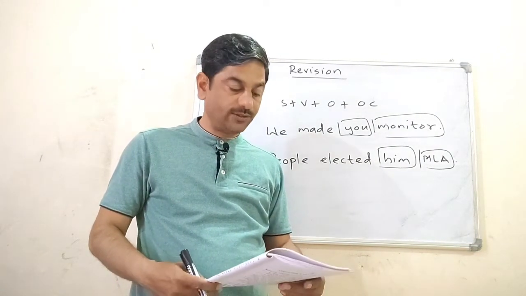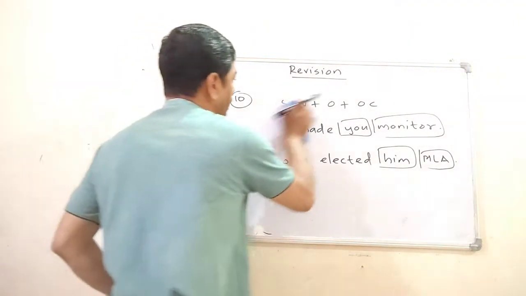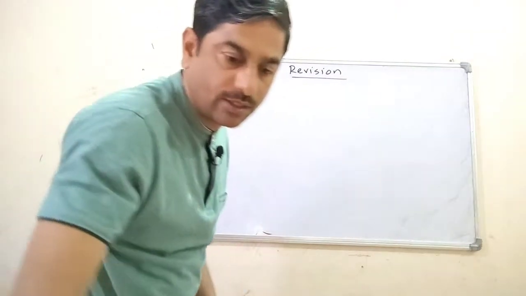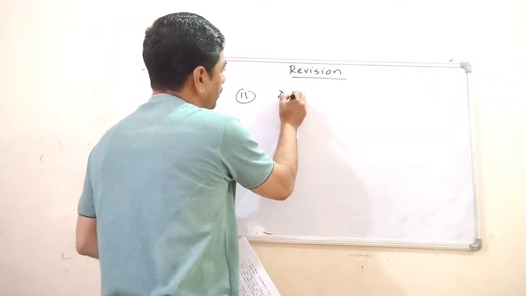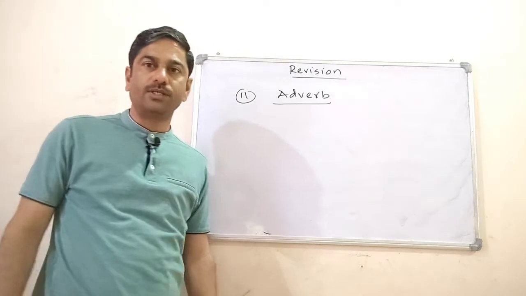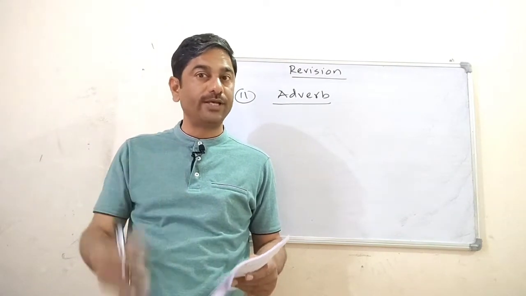So we studied this structure. Then we studied adverbs. There was one video which was related to adverbs. So what is an adverb? See, an adverb is a word which gives more information about a verb. It modifies a verb.